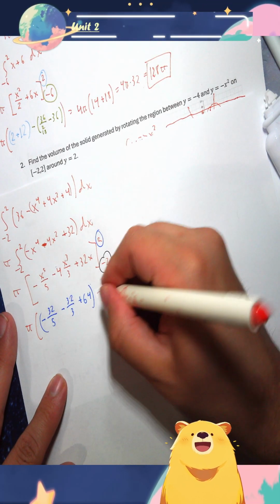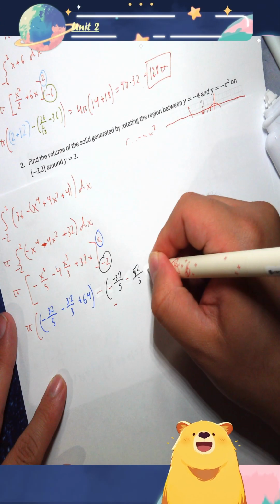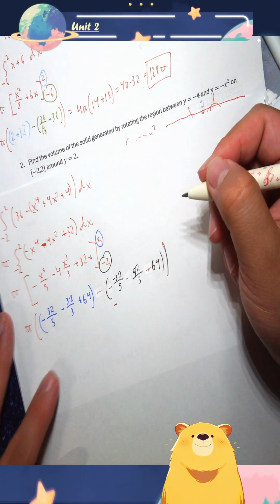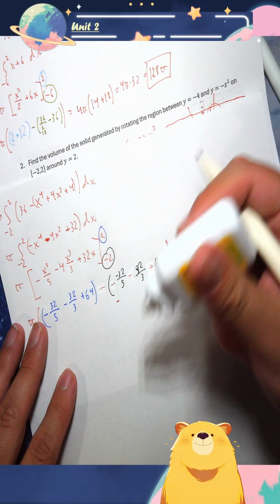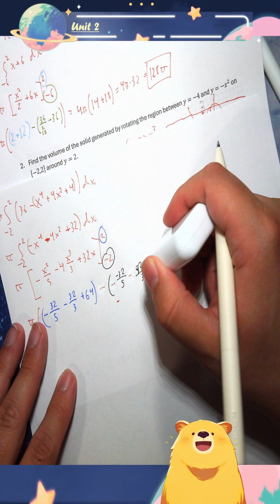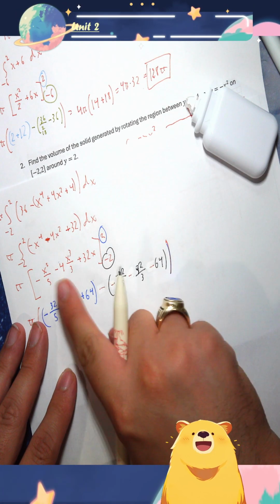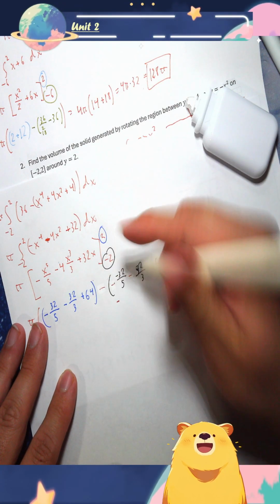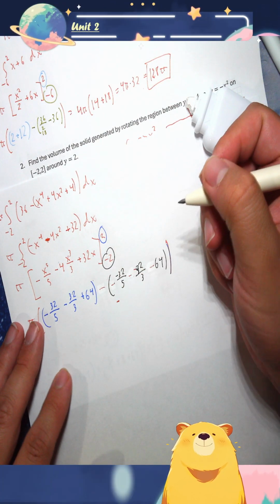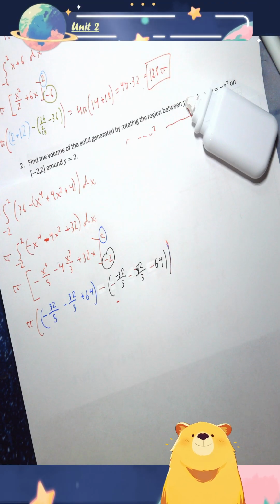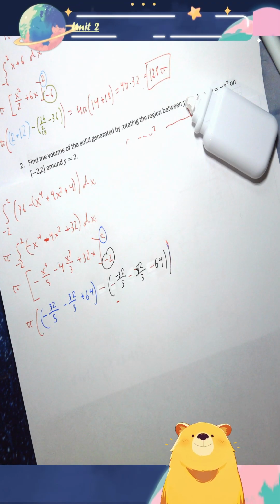So it was minus, minus, minus, plus. No, minus as well. Everything had a minus. So it's minus, minus. That became minus organically, and then this had a negative in front of it. Let's see.